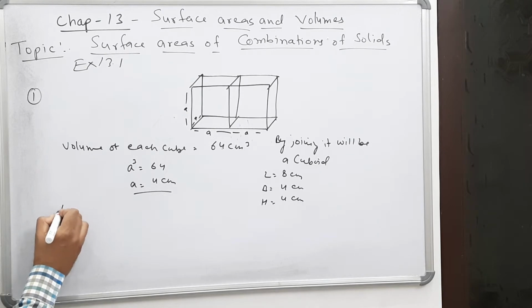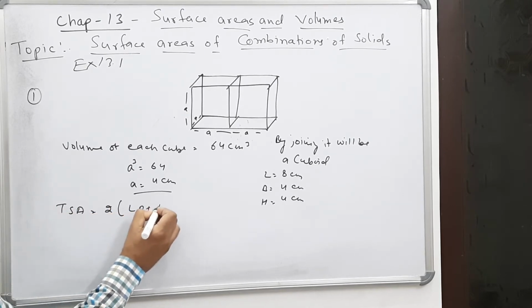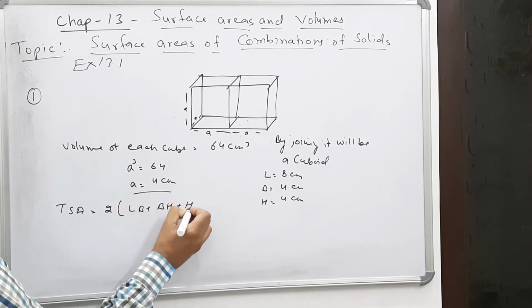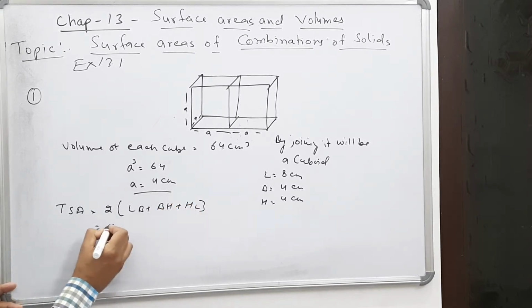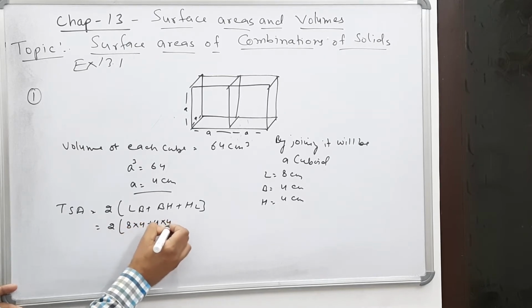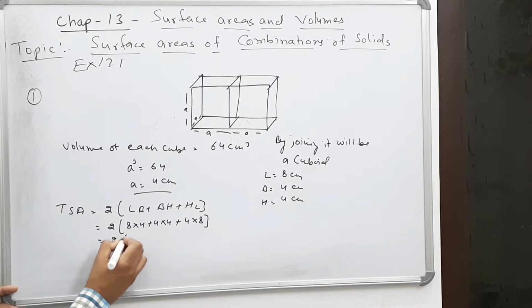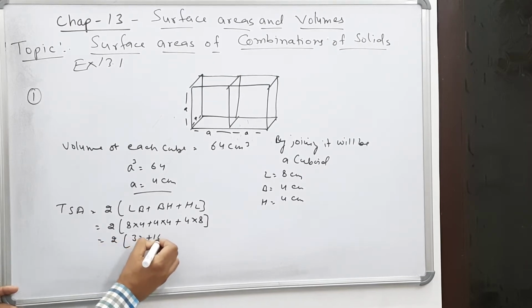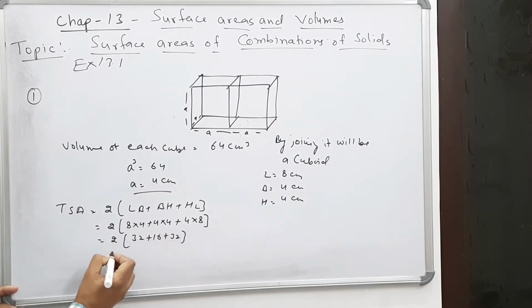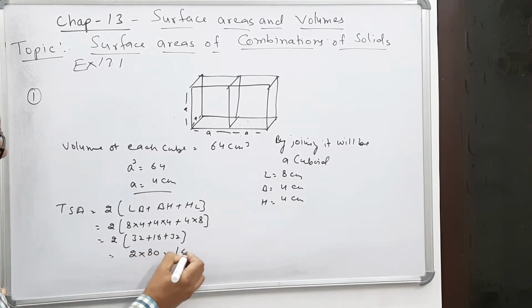Now the total surface area of the cuboid is 2 into LB plus BH plus HL. So in this formula, 8 into 4, 4 into 4 and 4 into 8. So the answer is 2 into 32 plus 16 plus 32. If you add it, it is 2 into 80, so the answer is 160 centimeter square.